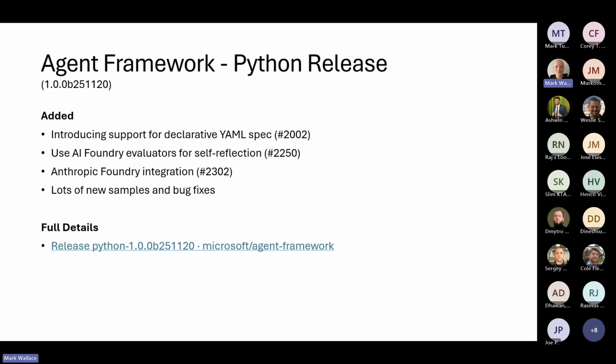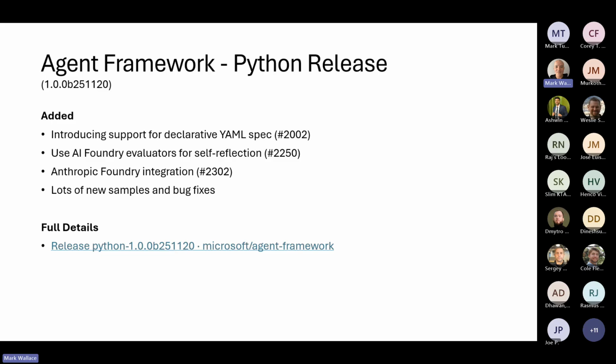The YAML file format is being aligned across various groups within Microsoft, so it's supported in Foundry and also M365. There's still some work to be done to get everything to match up exactly, but by the time we're generally available, that'll all be resolved.